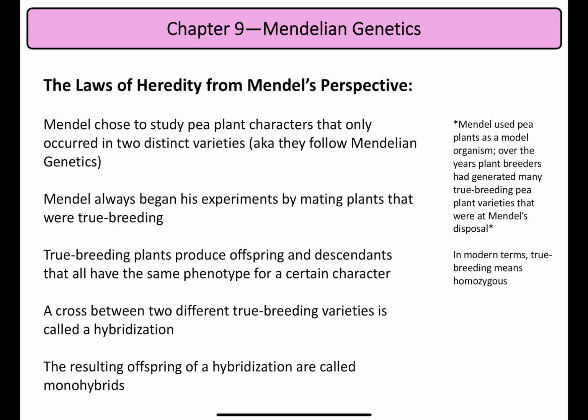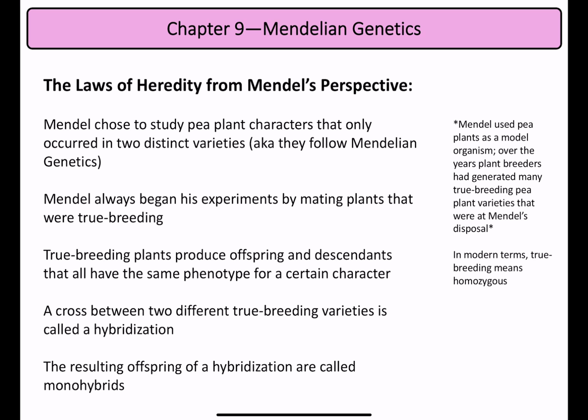So I told you he chose to study around 7 characters, and he specifically chose characters that only exist in this species of pea plants with 2 varieties or 2 traits, like round and wrinkled seeds, or green and yellow seeds, or purple flowers and white flowers.